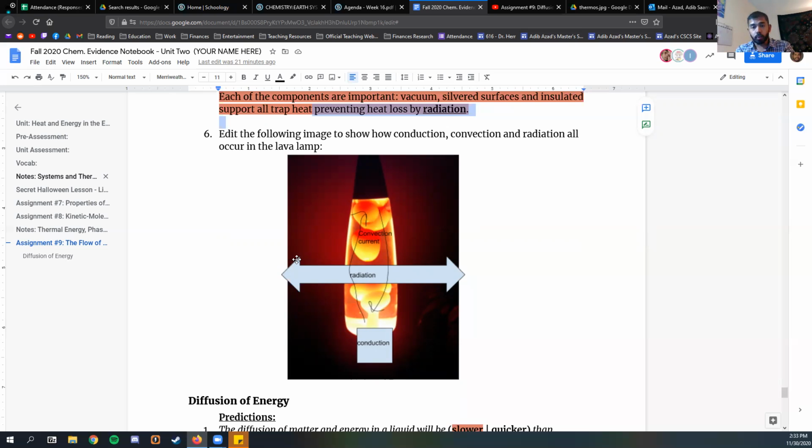The convection current raises the oil: it heats up, rises, cools down, sinks, and starts all over again. And then conduction is just heat directly being transferred. That's the heat lamp down there. Heat is being directly conducted into our liquid and into our glass, and so it's very, very hot overall.